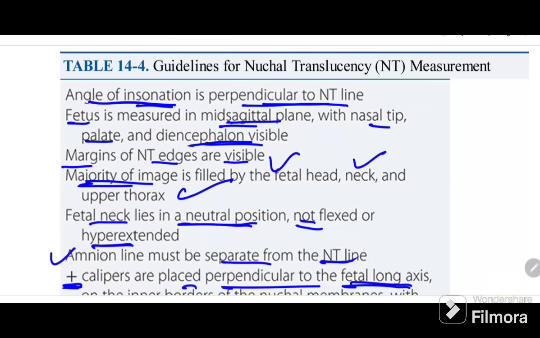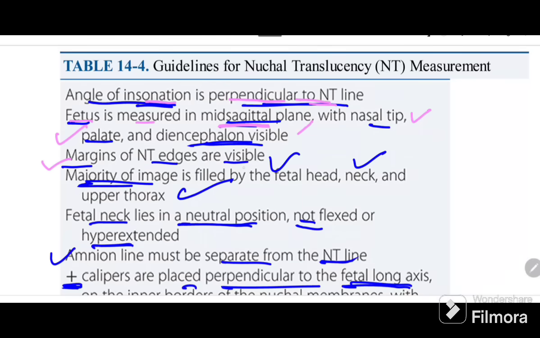So remember that the angle of insonation is perpendicular to the NT line, that is, they refer to the probe angle of insonation. And the fetus is measured in the mid-sagittal plane with nasal tip, palate and diencephalon visible.